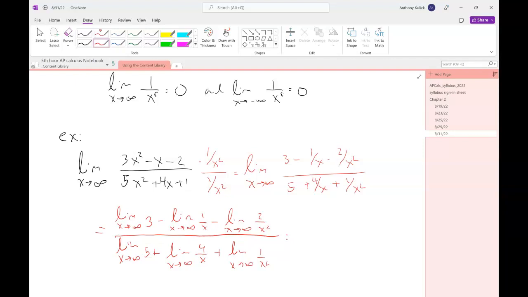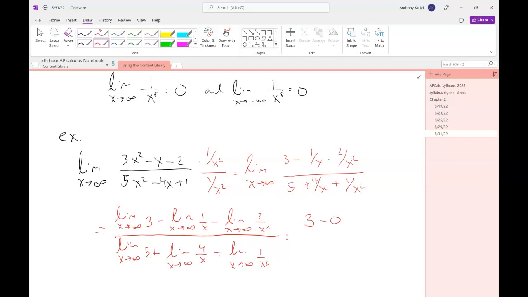So it's the limit as x approaches infinity of 3. Just 3. Everybody agree? Limit of a constant is always a constant. Using the theorem that we just gave you, the limit as x approaches infinity of 1 over x is 0.